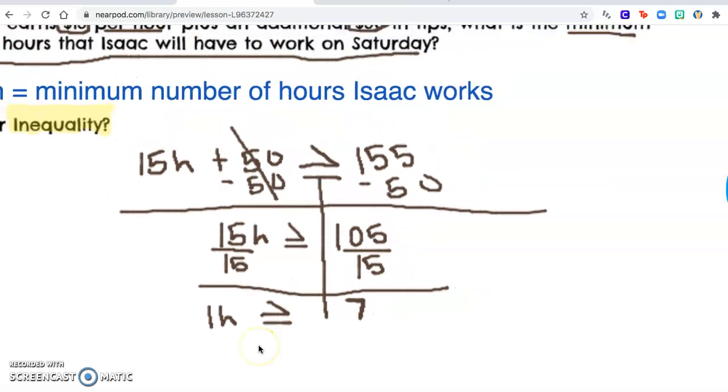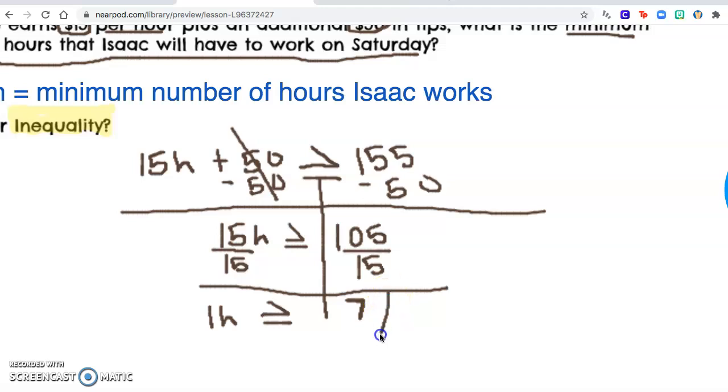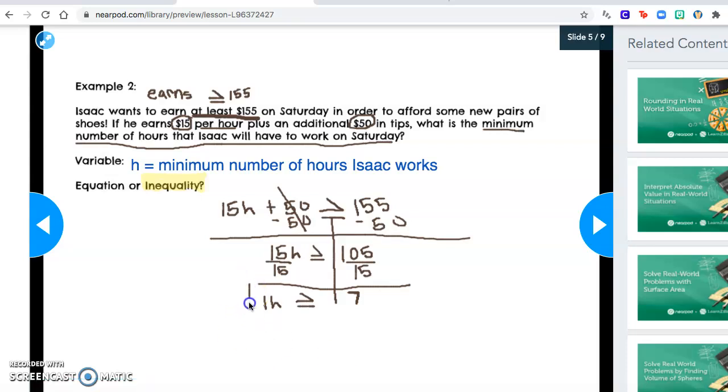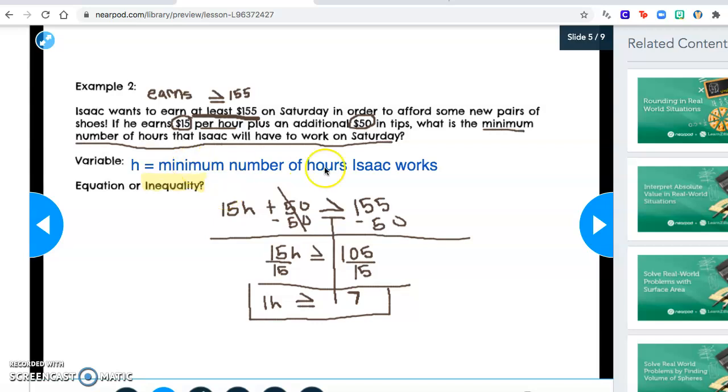Okay, so what this is saying is H is 7 hours. If he wants to end up making at least $155, that means he has to work 7 hours because H represents the number of hours he works.